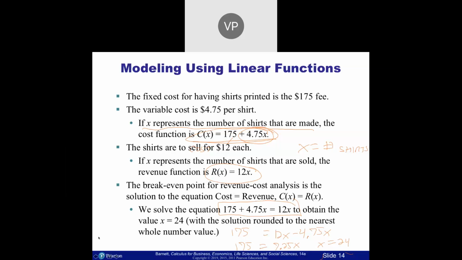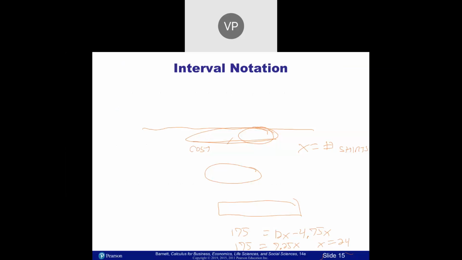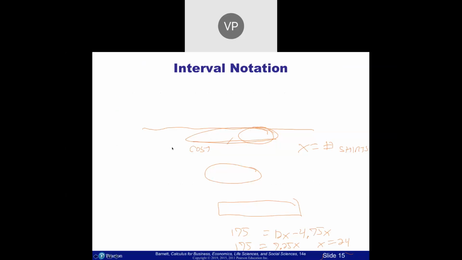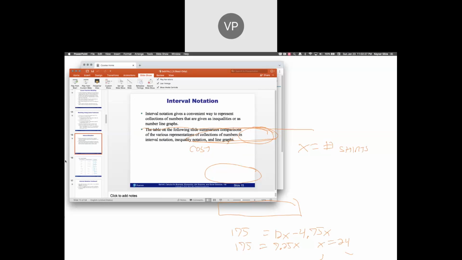Now, let me use a calculator. Let's clear the screen for a second.